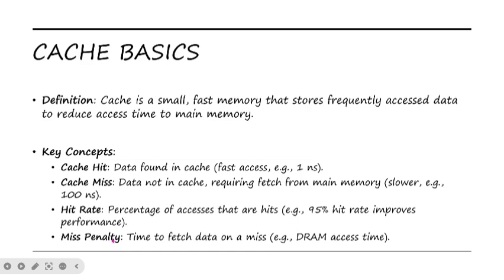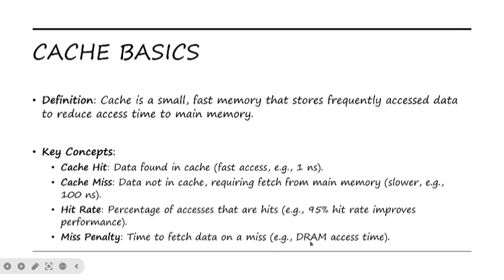And then we move on to the miss penalty. The miss penalty is the time lost when data is not in the cache and must be fetched from the main memory. So as we have here, time to fetch data on a miss.